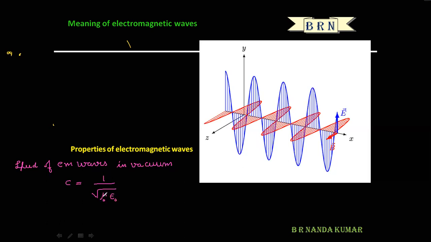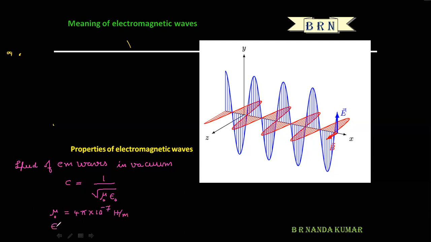Mu naught is the permeability of free space, which determines the strength of magnetic field lines in free space. Its value is 4 pi times 10 power minus 7 henry per meter.